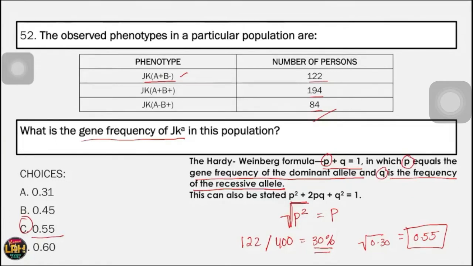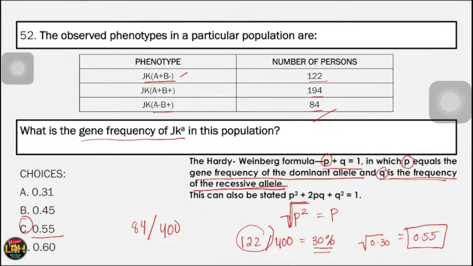If the question is what is the frequency of the recessive allele, it's just the same. However, instead of the 122, we need to use the recessive phenotype, which is the Jka negative, Jkb positive, which is 84. So 84 divided by 400 is 0.21.